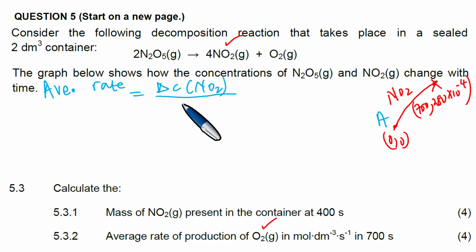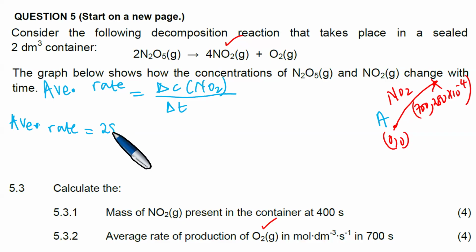Okay, so which means therefore we're going to do the change in concentration divided by the change in time, and this is the average rate. What is the change in concentration?